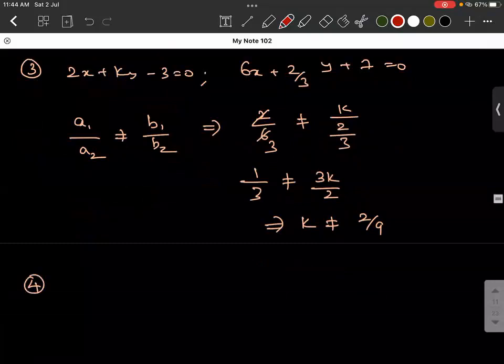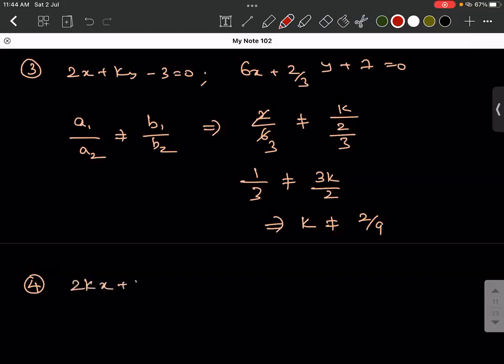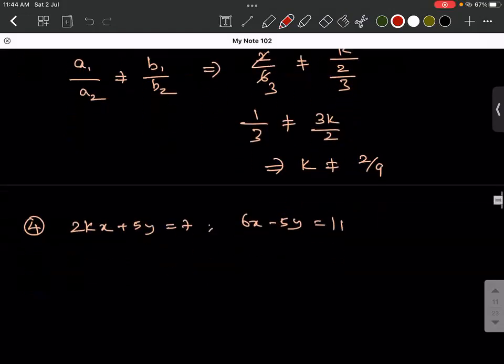Fourth one, what is the question? Same logic, no? 2k by 6 should not be equal to 5 by minus 5, which implies k by 3 should not be equal to minus 1.